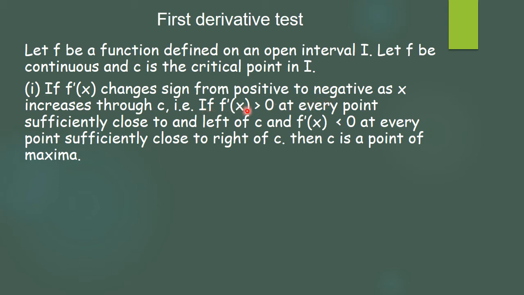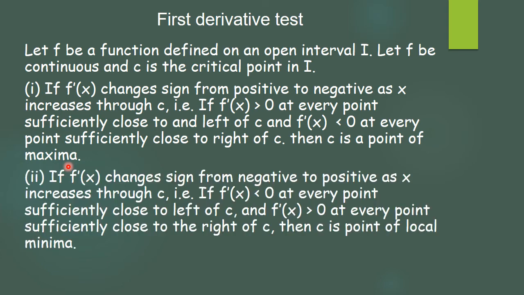That is, f dash of x was positive at every point sufficiently close to but left of C, and f dash of x becomes negative at every point close to C but right of C, then C is a point of maxima. That is what we have studied from the graph. M was a point of maxima, and that is called a local maxima.